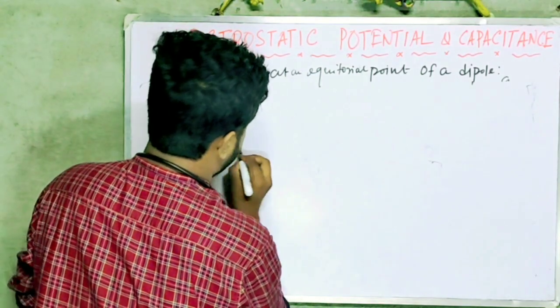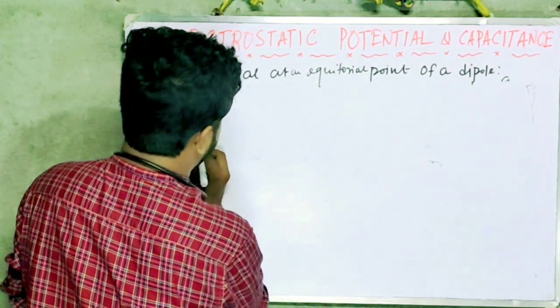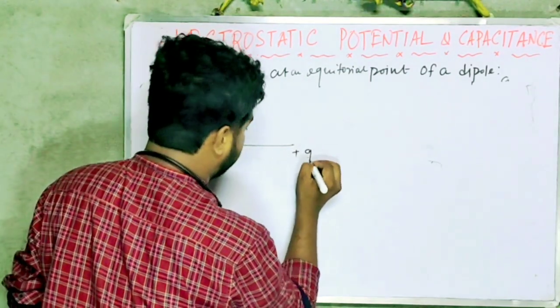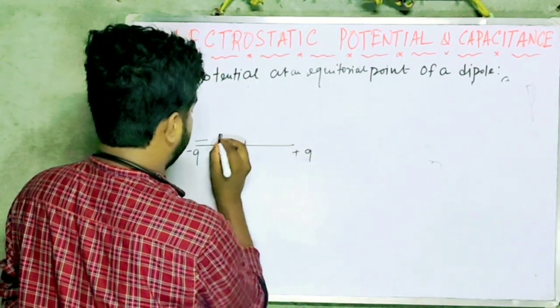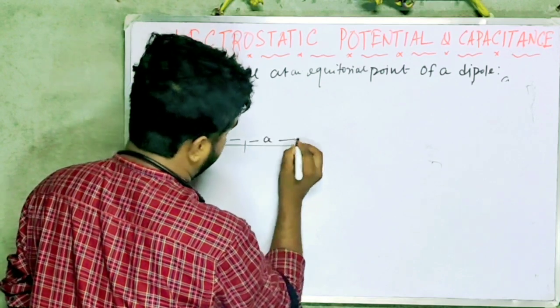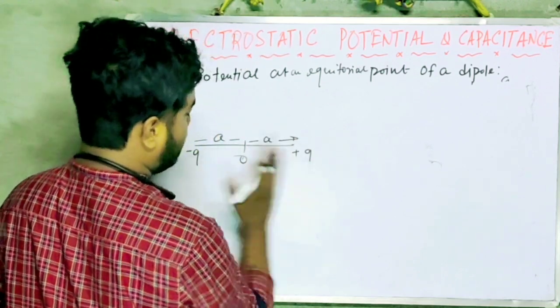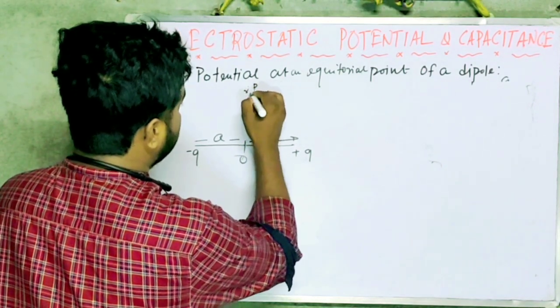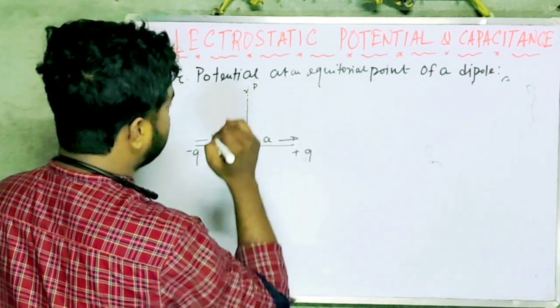So draw the figure, that is minus Q and plus Q separated with a separation 2a. Both are at a distance a from the origin, and here point P is the equatorial point.